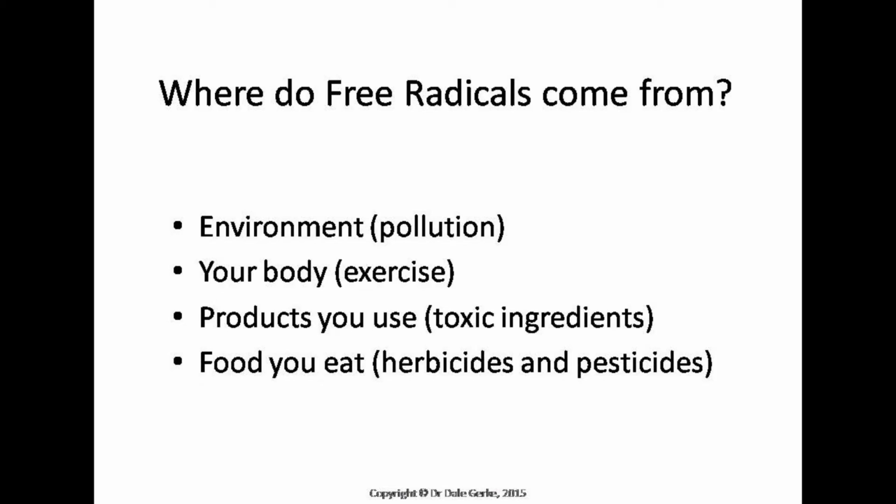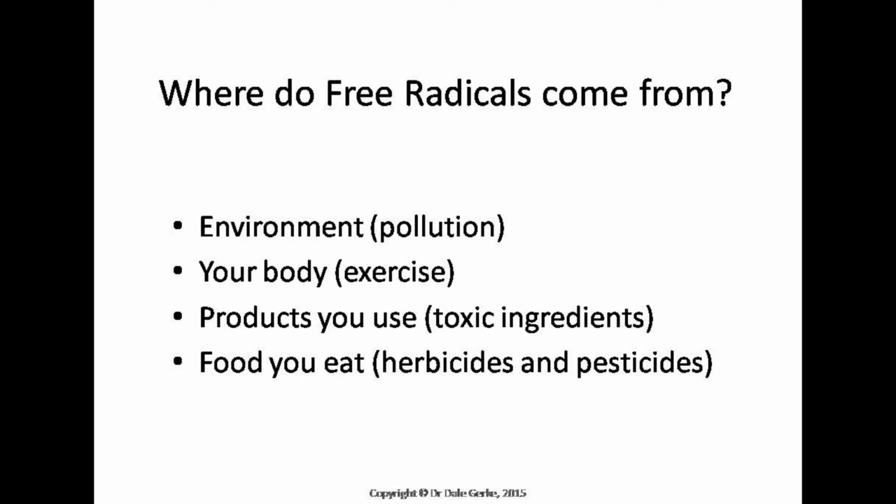Now, strangely enough, the body also produces free radicals, particularly when you exercise excessively. So the body in its daily metabolisms will always produce free radicals. And then there are products that you can use, either taking products in or painting them on your body or using shampoos or whatever.